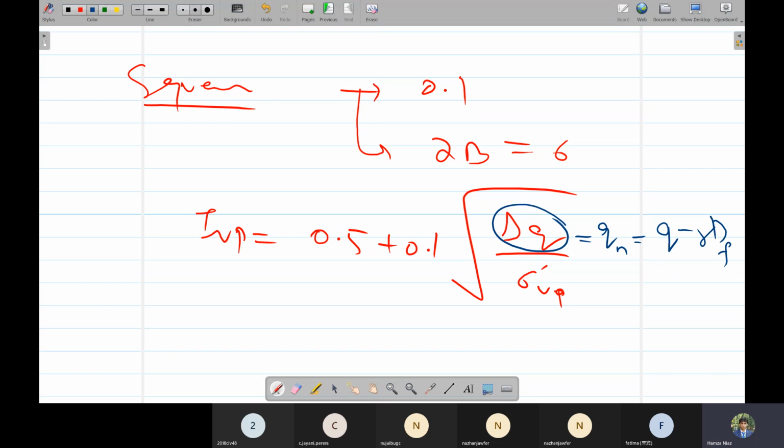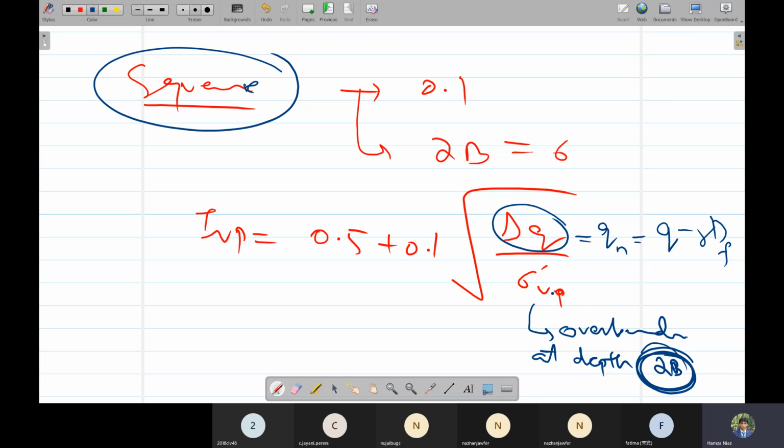So after subtracting gamma Df, or overburden, from our total contact pressure, the sigma dash VP is the overburden at depth 2B, for square footing. That is, for square footing, the overburden at 2B depth.